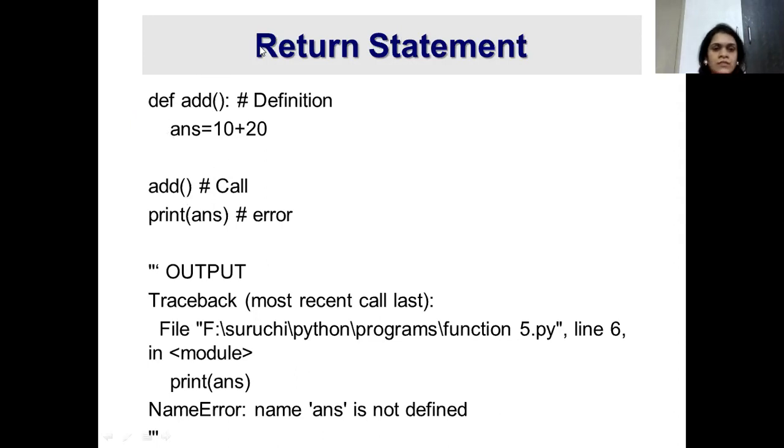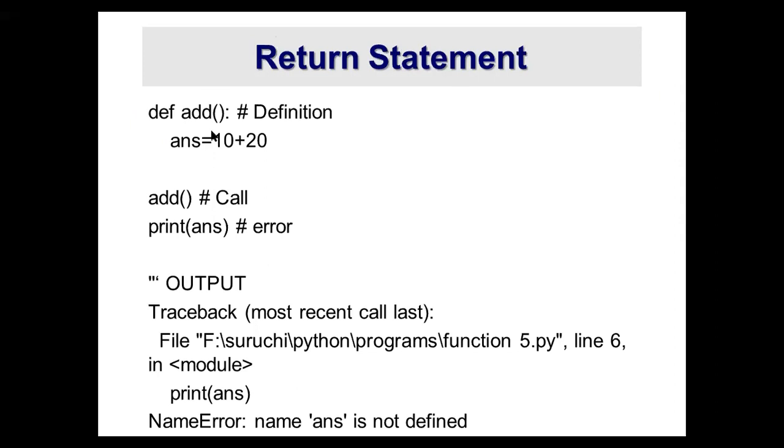This is a function call. In the function call, addition will be performed and 30 will be saved in answer. After the function call, this print statement is executed. When this print statement is executed, we get an error.